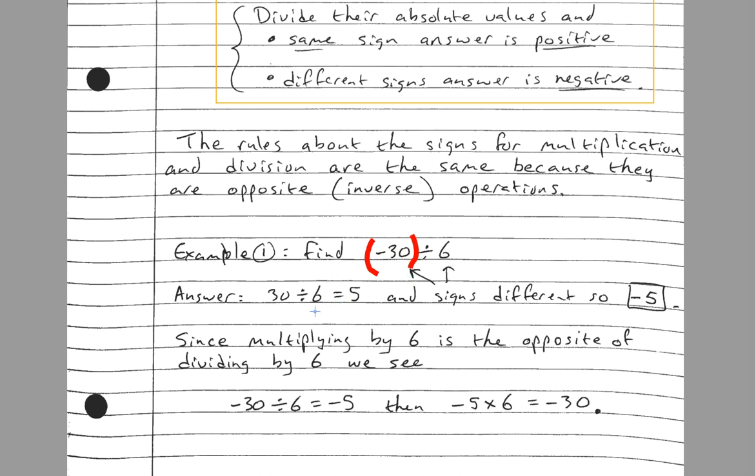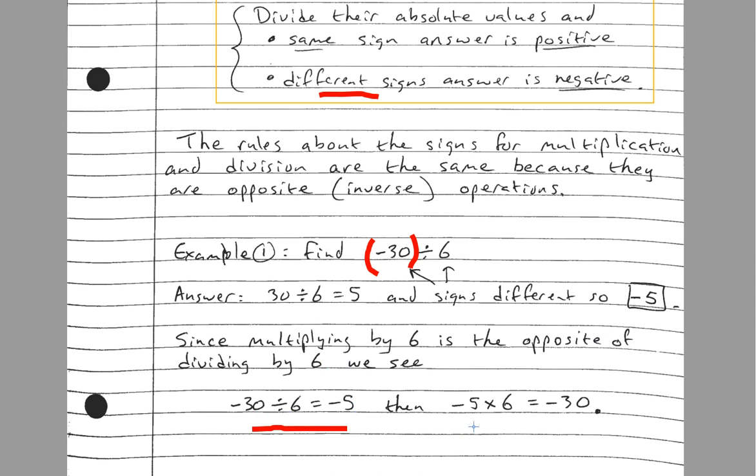Well, if you divide the absolute values, 30 divided by 6 is 5. And then thinking of these, this is negative and this is positive. So we have two different signs, so the answer is negative. Okay, so negative 30 divided by 6 is equal to negative 5.